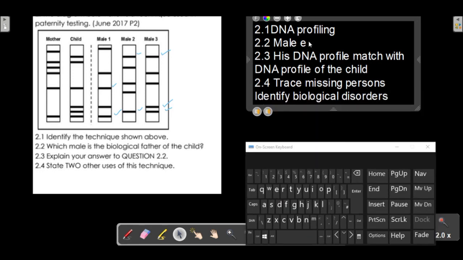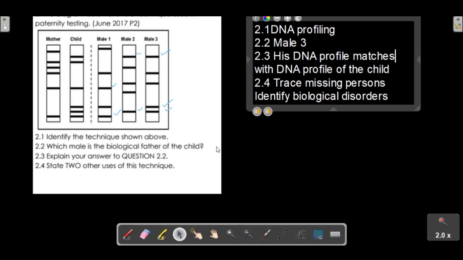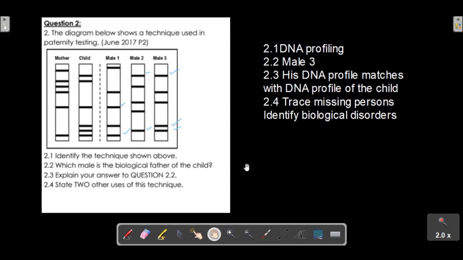Oh, and I made a mistake here in 2.2, male 3, right? So we agree that it is male 3 because his DNA profile matches with the DNA profile of the child. Or you can say that black bars representing his DNA fragments match with the black bars of the child. So this is how you answer those questions.